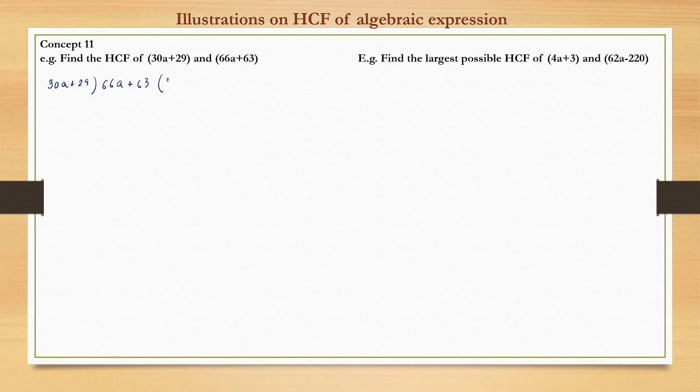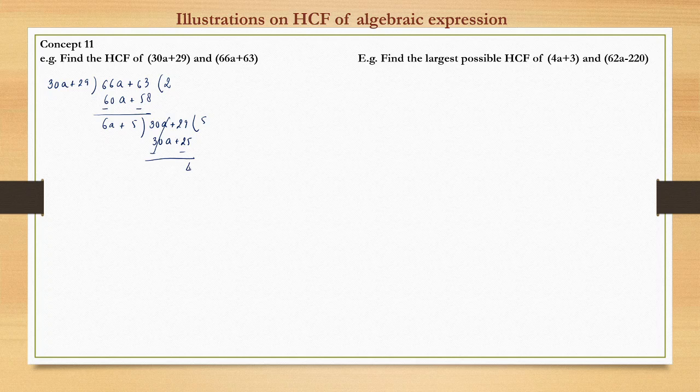So 2 times it will go, 60a plus 58, subtract this, it becomes 6a plus 5. Now this will divide the previous divisor, which is 30a plus 29. Now this will go 5 times, so it becomes 30a plus 25. So now this cancels out.